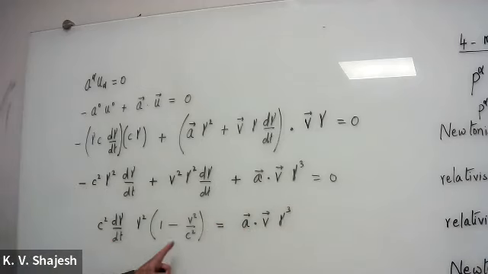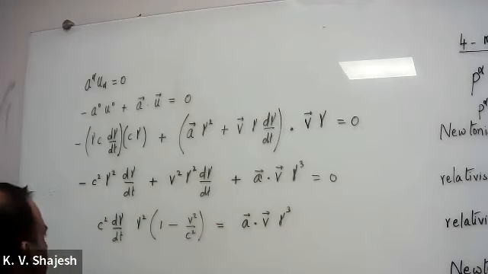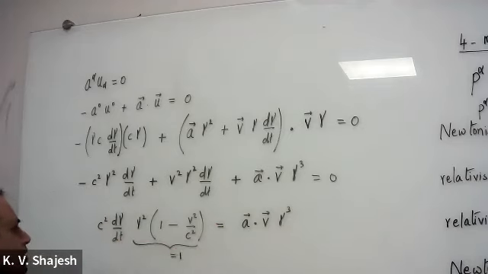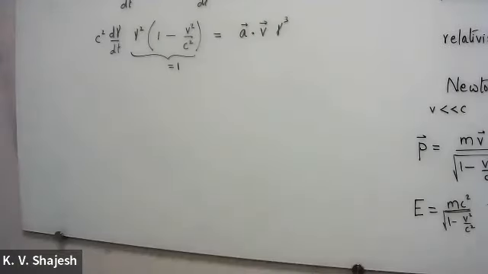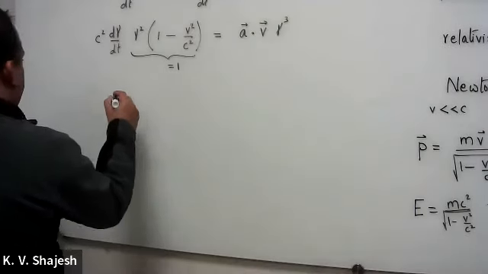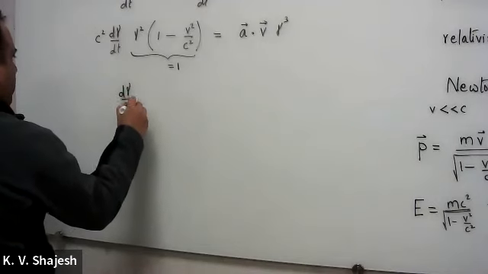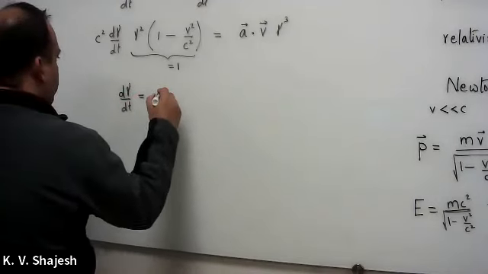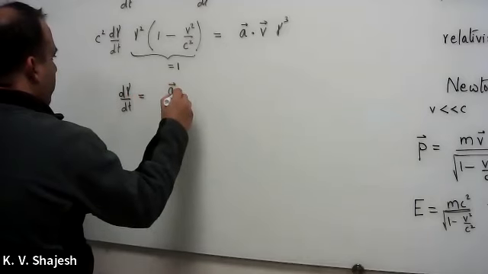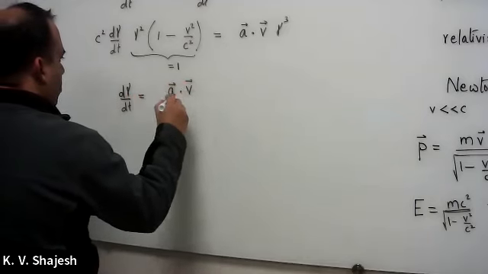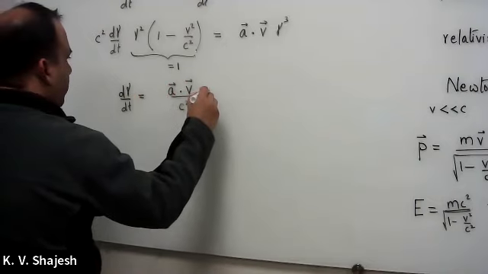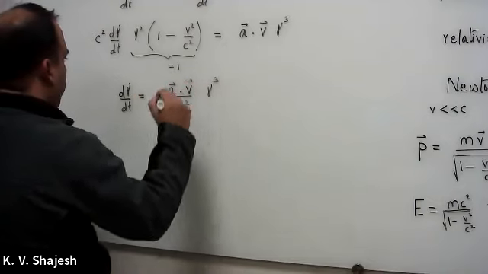But gamma squared times 1 minus V squared over C squared is 1. So I can learn that d gamma over dt is equal to A dotted with V over C squared times gamma cubed.